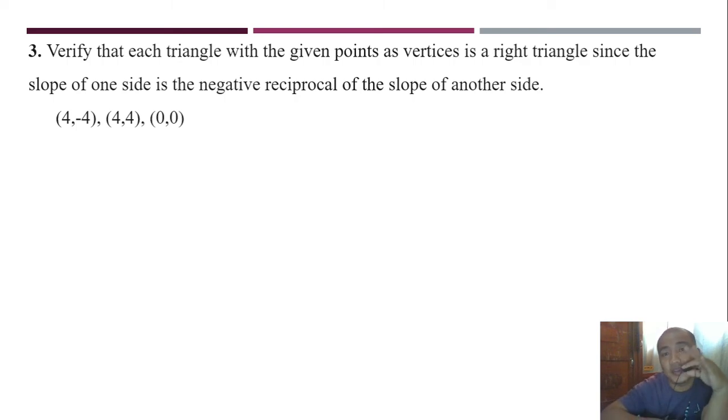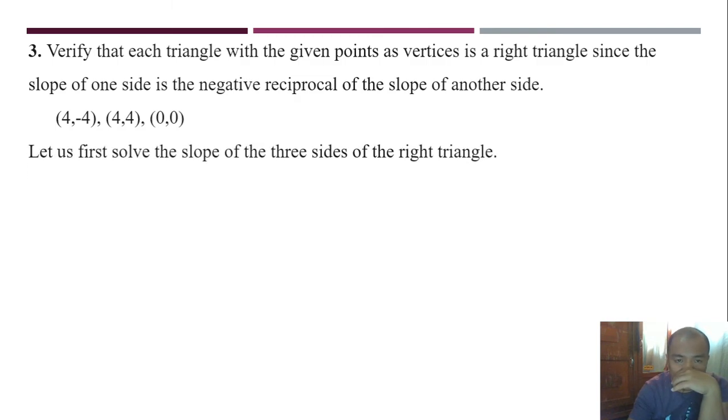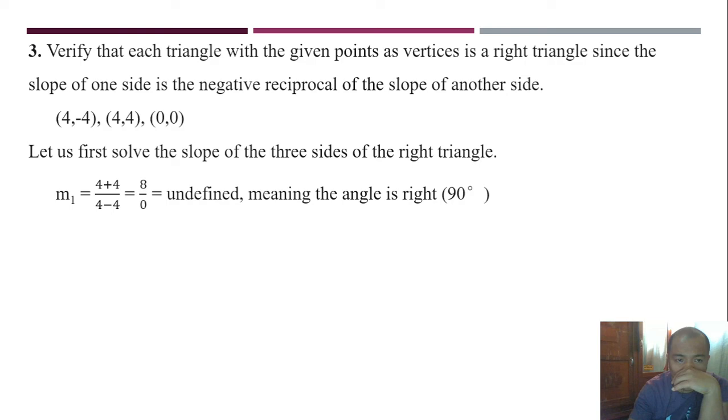The legs are perpendicular in the right triangle. So the product of the slopes of the legs is negative 1. So let us first solve the slope of the 3 sides. For the slope of line 1, undefined. Meaning kasi nakatayo yan, straight line, vertical line. Slope of line 2 is 1.